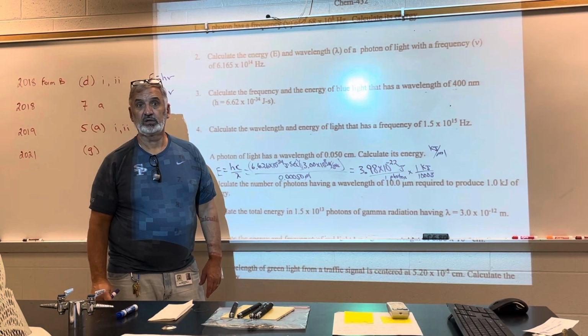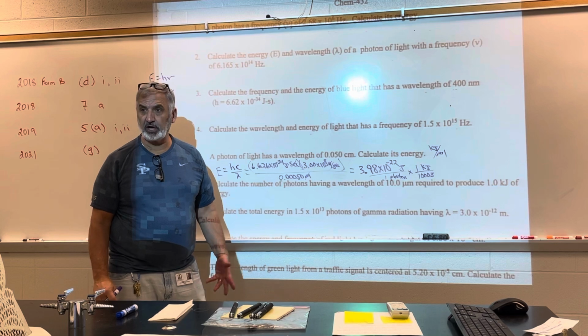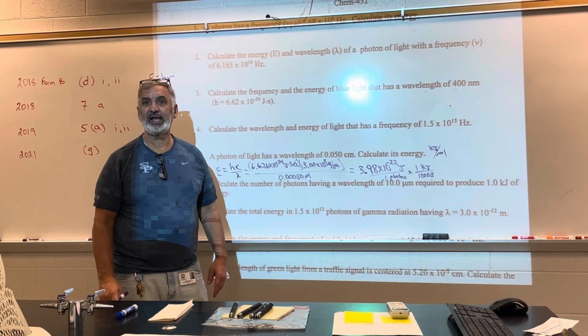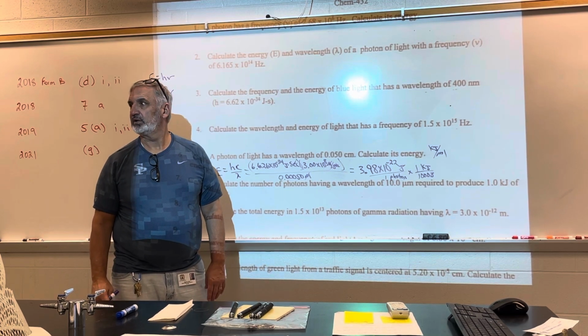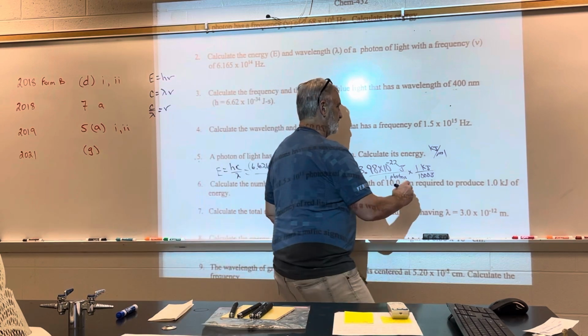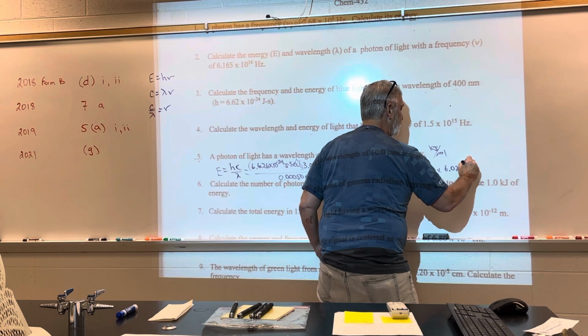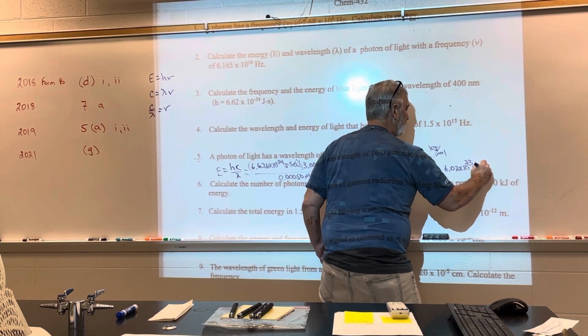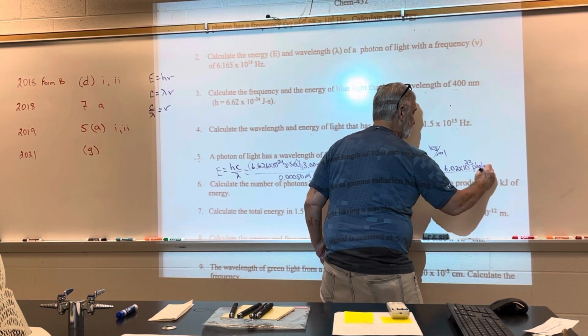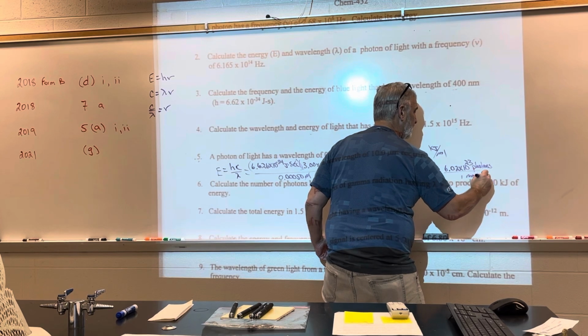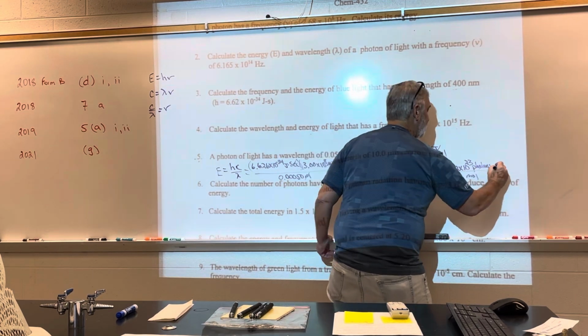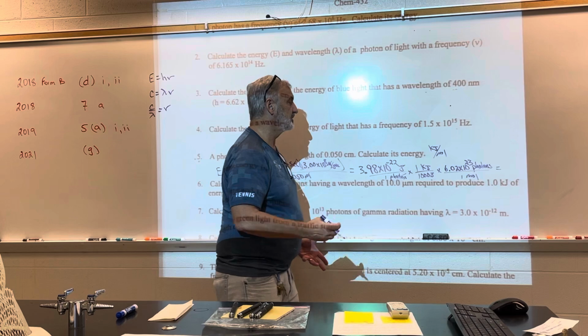How many donuts are in a mole? How many atoms are in a mole? 6.02 times 10 to the 23rd photons or electron transitions per 1 mole. And that's going to give you kilojoules per mole.